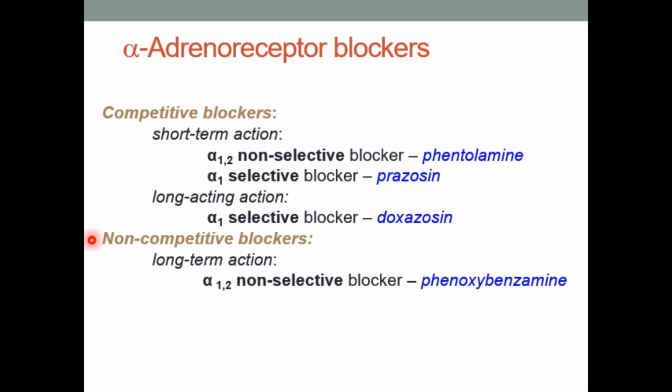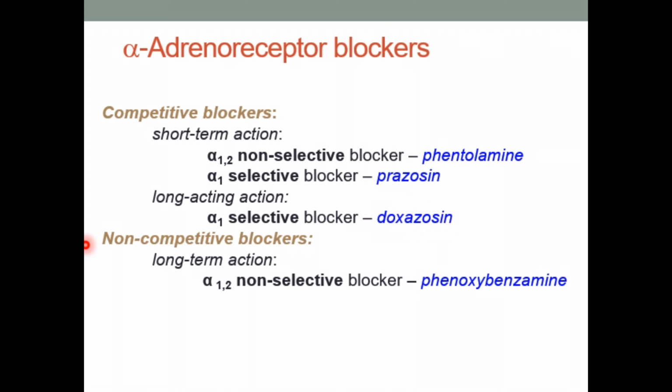First is the competitive blockers. The short-term ones: the competitive non-selective blocker of alpha 1 and alpha 2 is called phentolamine, and the alpha 1 selective blocker is called prazosin. Okay, so this is the important one, prazosin. And the longer acting alpha 1 selective blocker is doxazosin.